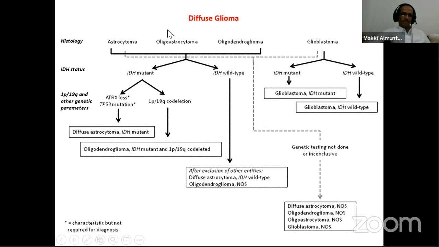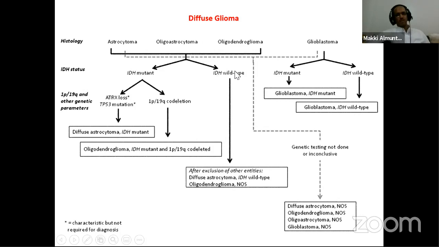First, this terminology, oligoastrocytoma, is discouraged in the new classification. So the tumor should be classified either as astrocytoma or oligodendroglioma. Then we look at the IDH status. IDH is the isocitrate dehydrogenase. If it is mutant, then it is astrocytic tumor IDH mutant, or oligodendroglial tumor IDH mutant.